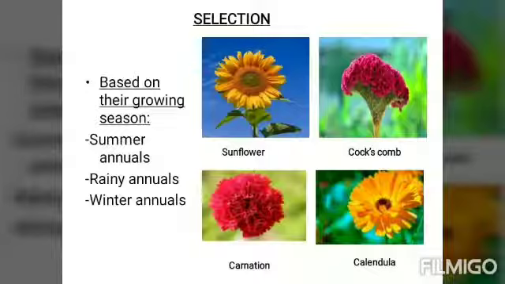Now we'll talk about the rainy season annuals. From the name you understand that they are mainly grown in the rainy season. These annuals are sown in the month of June.